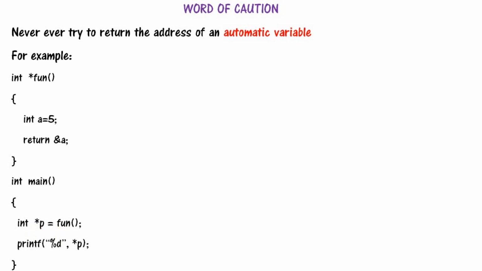Therefore, it is illegal, and a warning message will get generated: function returns address of local variable. You can see this warning message after executing this program. Therefore, it is important for us to understand that we should never return the address of some automatic variable.